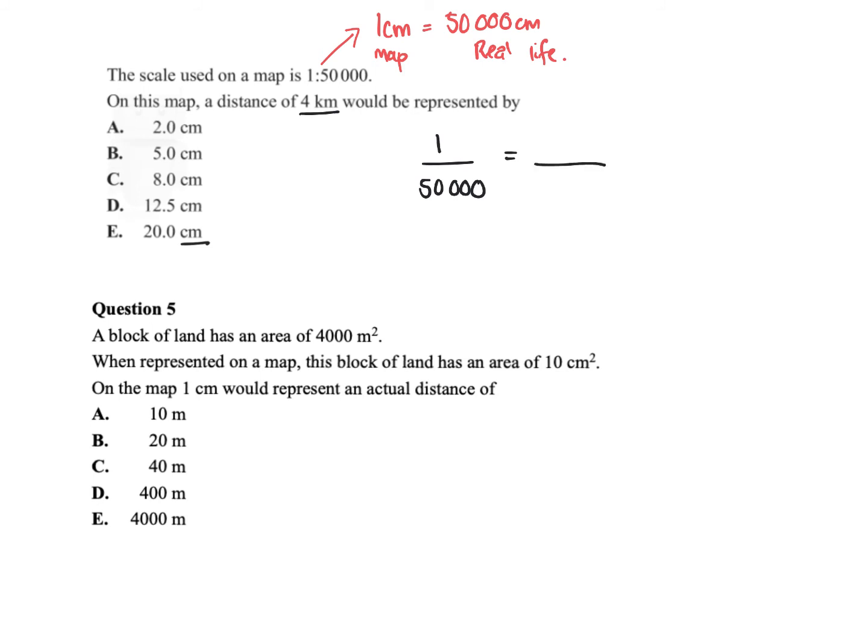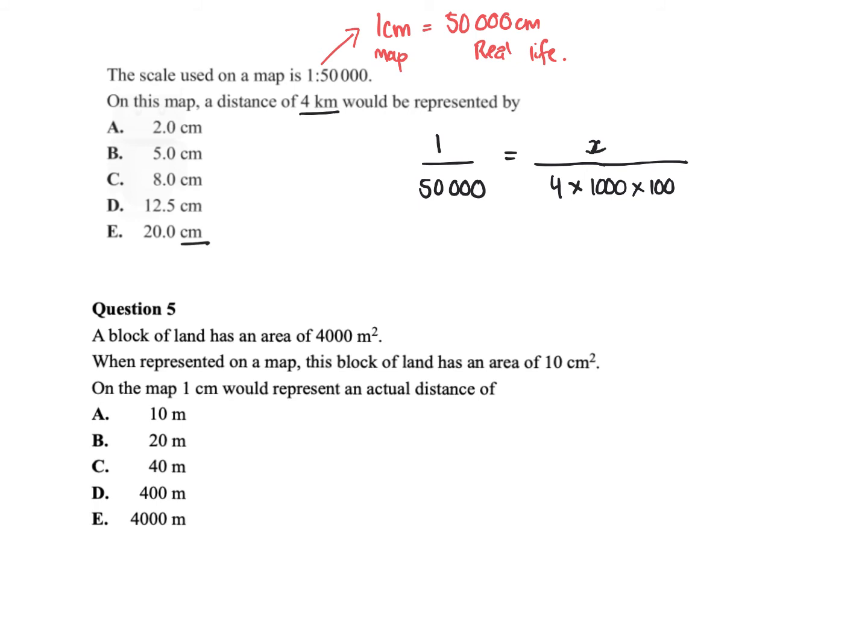I'm going to change this 4, because they want my answer in centimeters. I'll change the kilometers to centimeters: you times by 1,000, because 1 kilometer has 1,000 meters, and then a meter has 100. And I want to know what that equals, and we can do that on the calc.